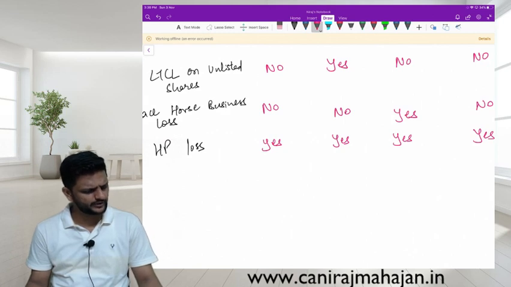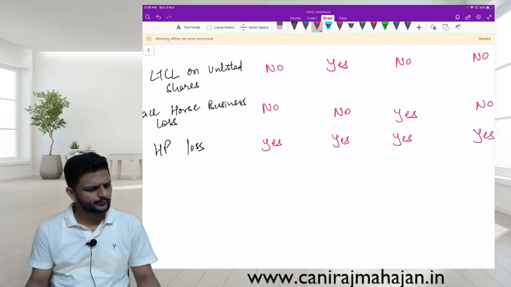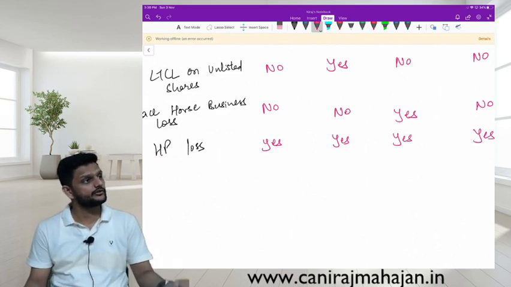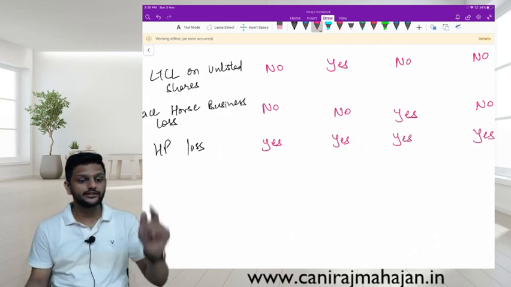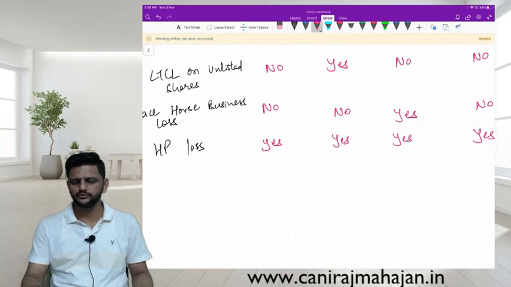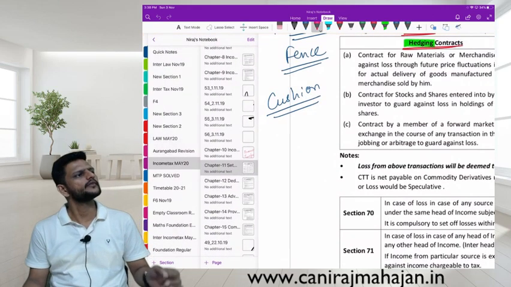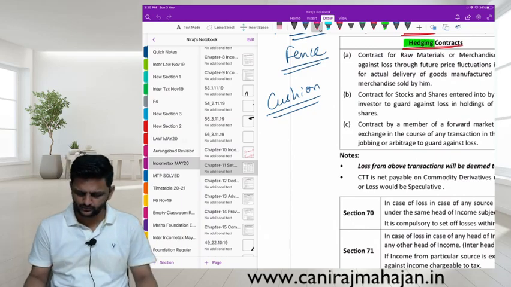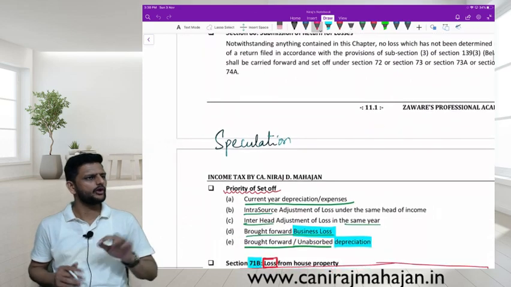Something is remaining? No, no. They may give before or after. If they give before, then before current depreciation we have to first allow for depreciation. Check the priority of set off in the textbook. No, that is correct. What you are saying is correct, right now there is no problem. You have to first allow for current depreciation.